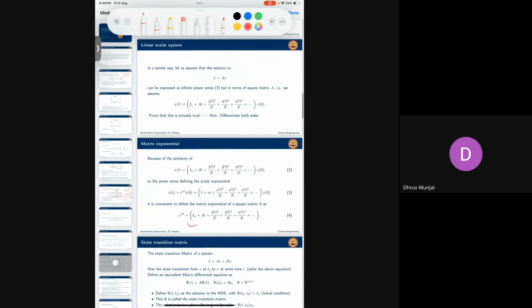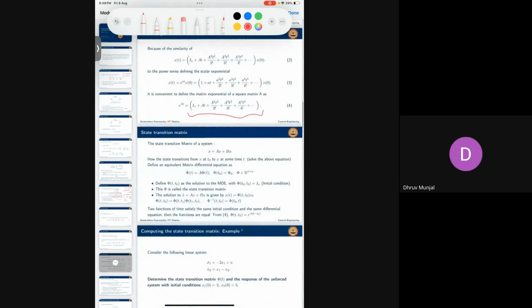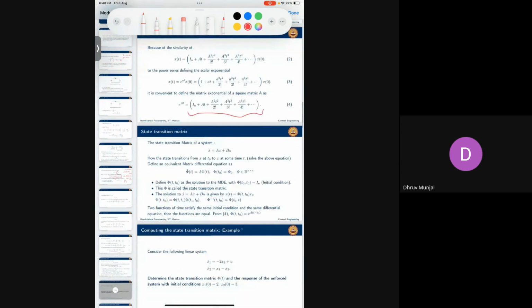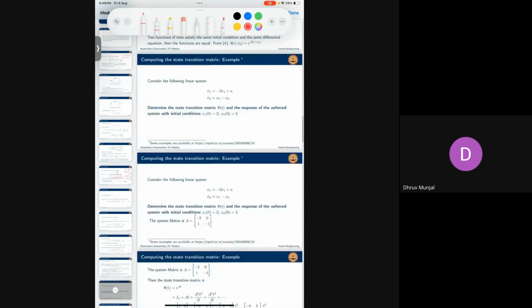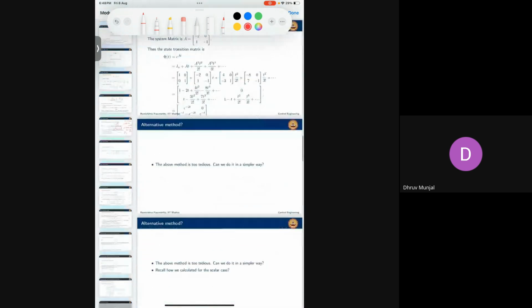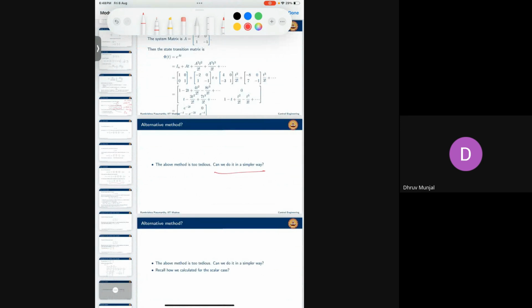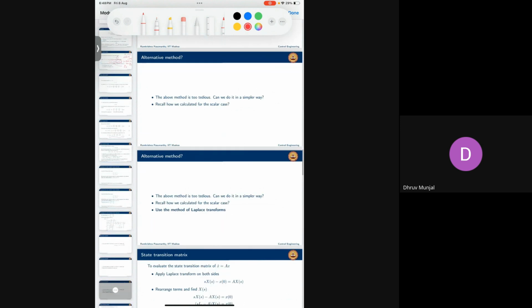So how you can represent it, or if you want to expand it, how it looks like. The problem here is representing it like this in a bigger manner is very tedious. That's why we go to a Laplace transform simply. So that is what we were trying to explain by giving these big equations. Ultimately we won't be using all this expansion, e power exponential series and all. Simply we will do the same step using the Laplace transform.